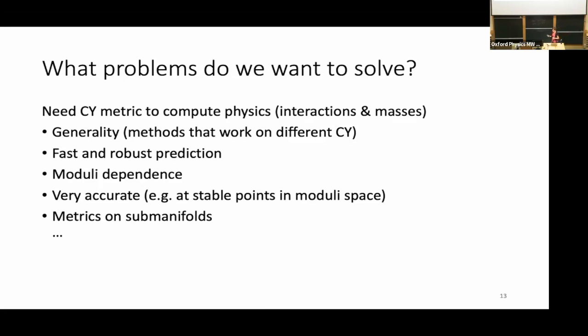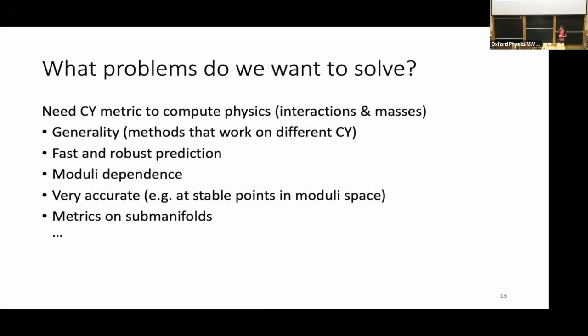So we want methods that work on different Calabi-Yaus. We want fast and robust predictions so that we can work through, maybe we want to work through many examples and do some sort of scan. So that's the reason why we want this to be fast. We want it to be robust so that we can trust what we get.